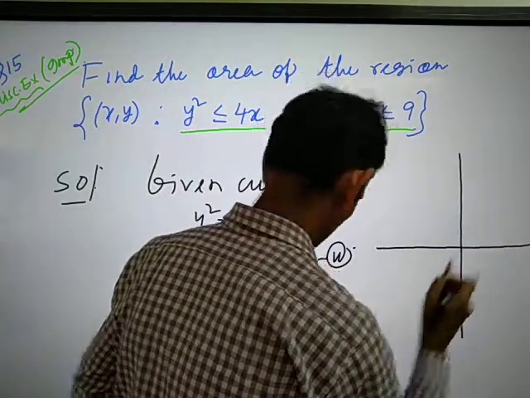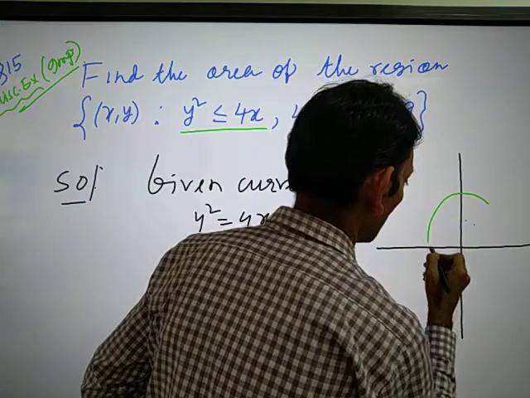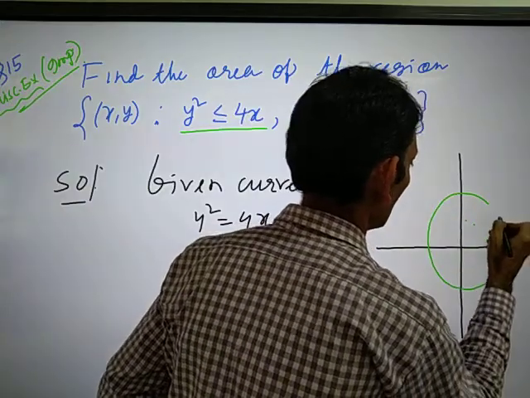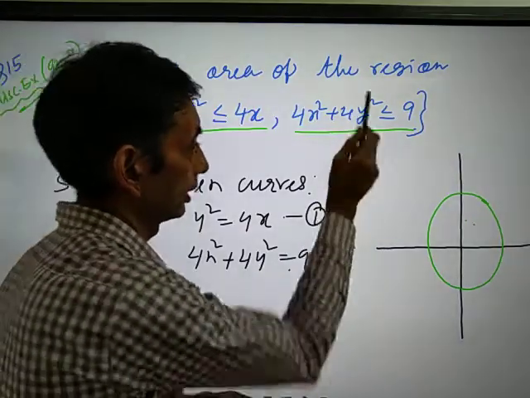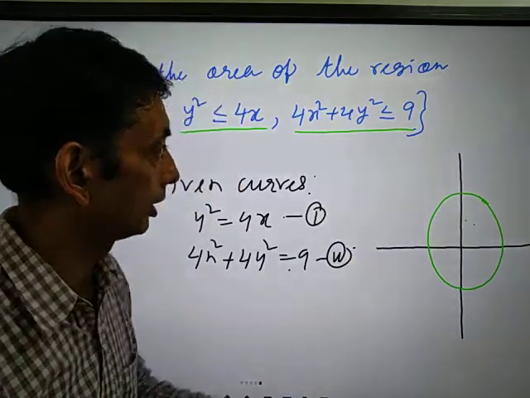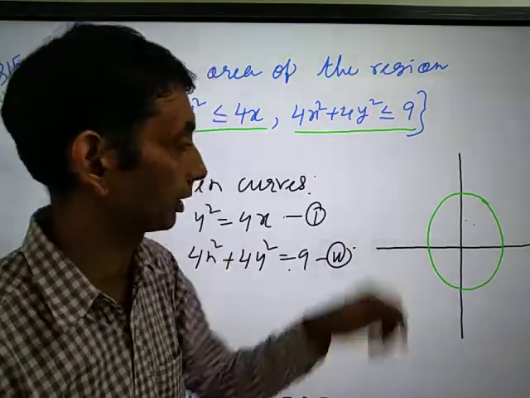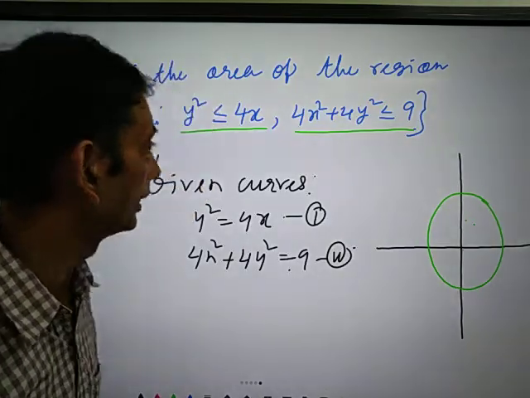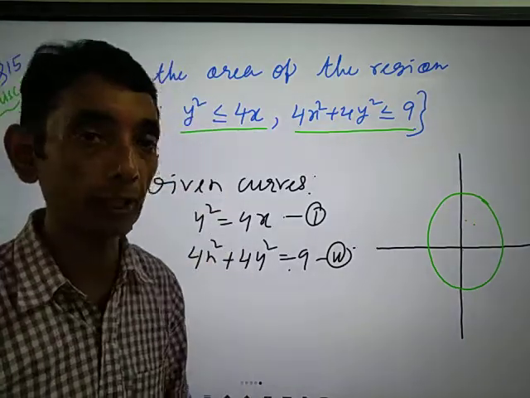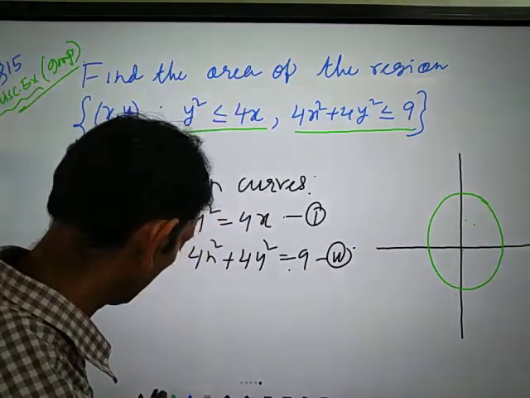We can use a different color. This is the equation of the curve, that is a circle, and we know that the center of the circle lies at the origin from this particular equation, 4x squared plus 4y squared equal to 9. Then we'll draw the parabola y squared is equal to 4x, which is along the x-axis. We'll draw this now.